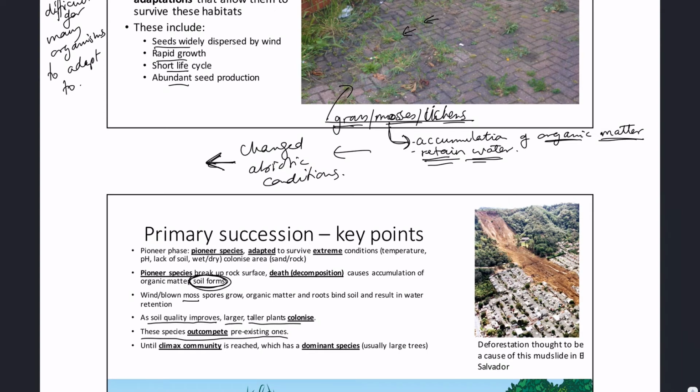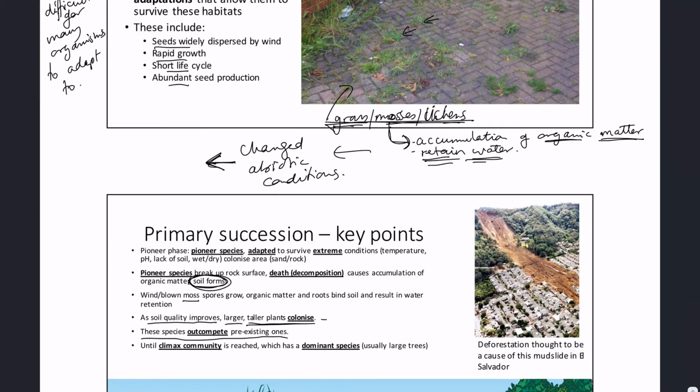So as this place's abiotic conditions are improved by certain species, the next set of species comes in and outcompetes the previous ones. So these pioneer species, over time, are lost from this place as they're outcompeted by the taller plants, which are able to outcompete them for light.